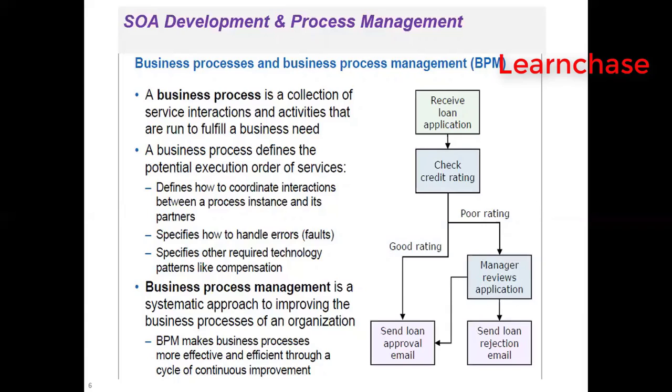This check credit rating step might need to talk to an external system to retrieve the credit rating of a particular customer for which the loan application is received. Getting my point? Let me just repeat, right?